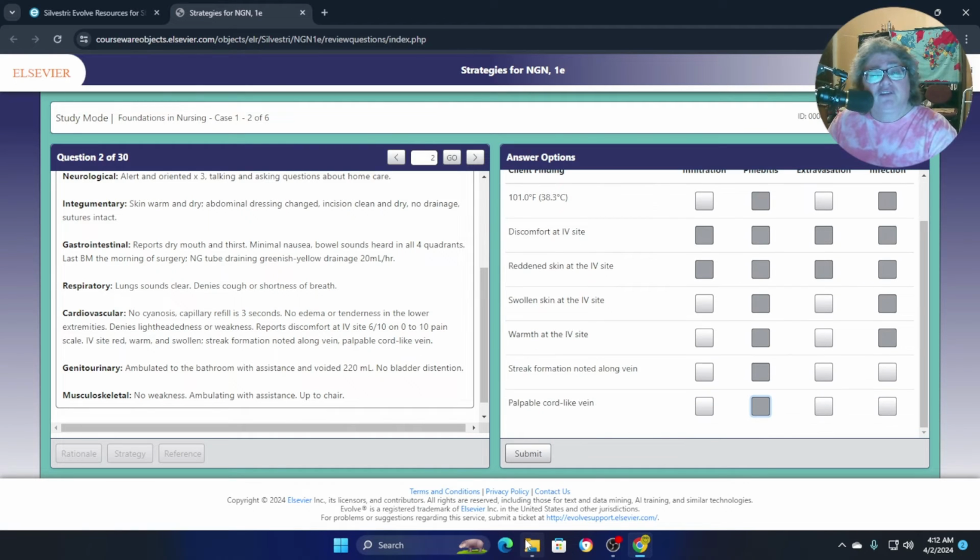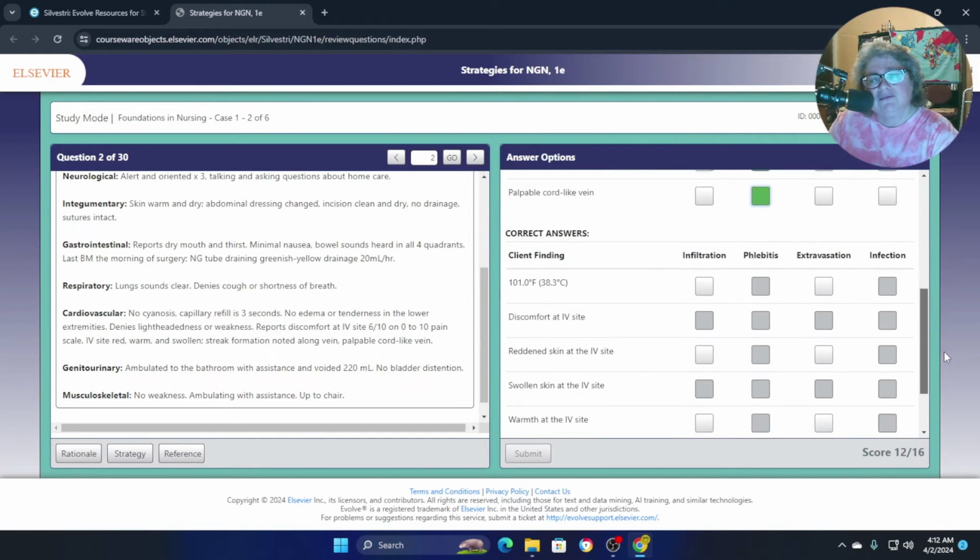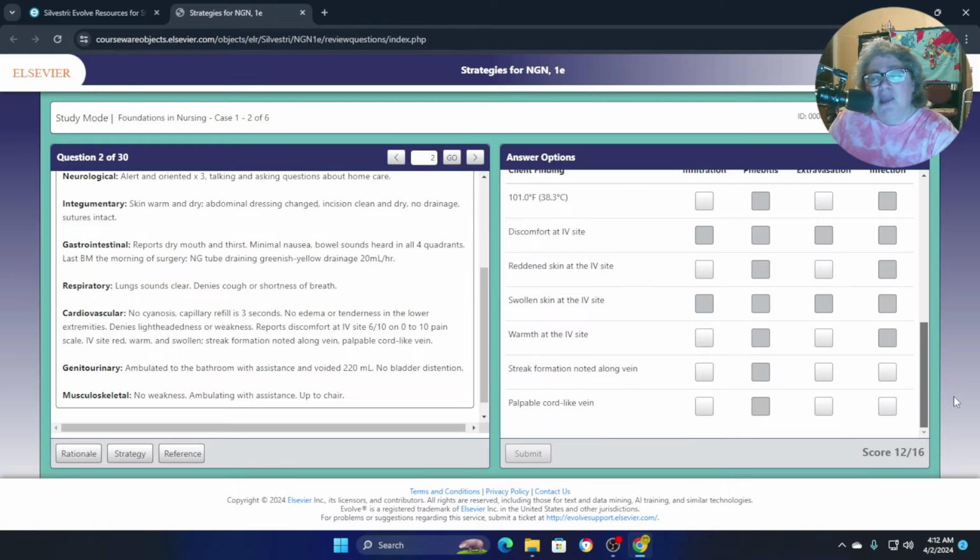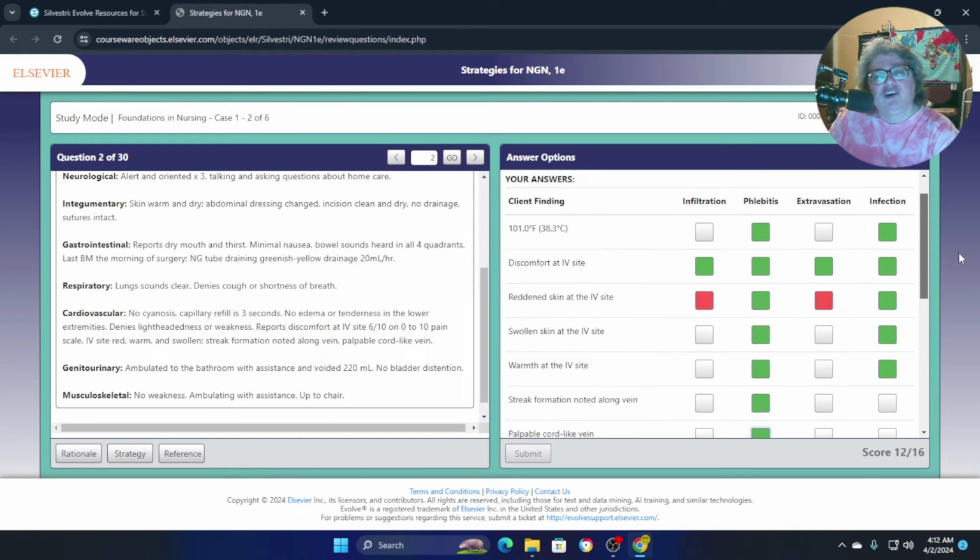All right. So we hit submit, and I missed a couple here. Scores 12 out of 16. So let's see what I missed. I missed 2 here. Okay. I should have picked infiltration and extravasation for the reddened skin at the IV site. Okay?